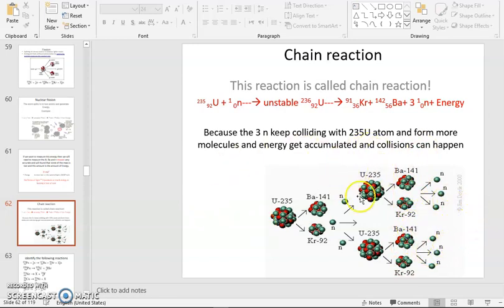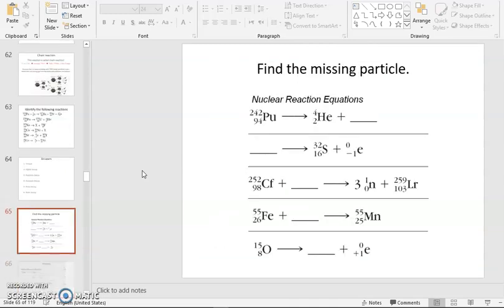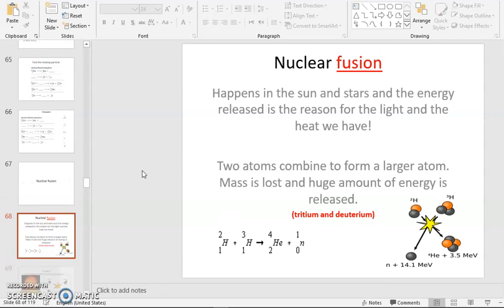It keeps going and going and going. That's why the fission reactions are very destructive, because there's always energy released and hit and break down other elements. Let's do this later.